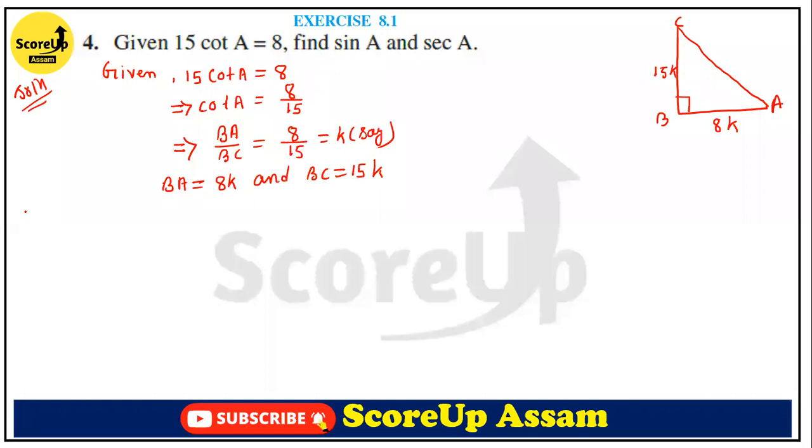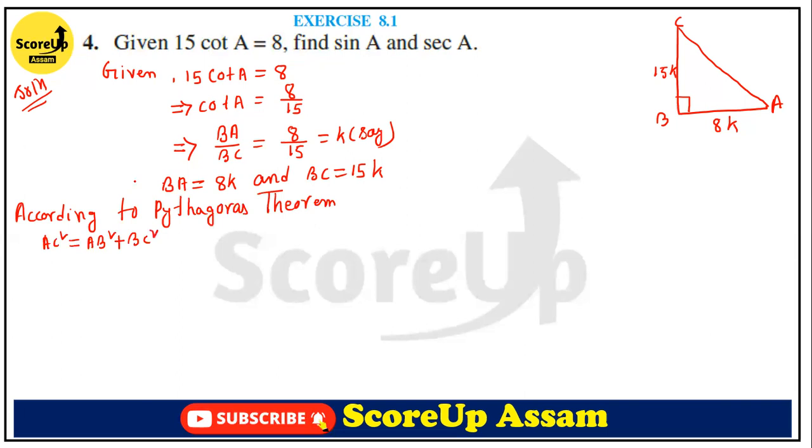Now according to Pythagoras theorem, we need to find the value of AC, right? So we can write AC square is equal to AB square plus BC square.